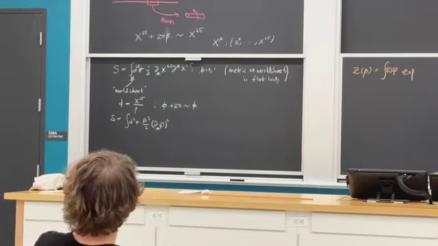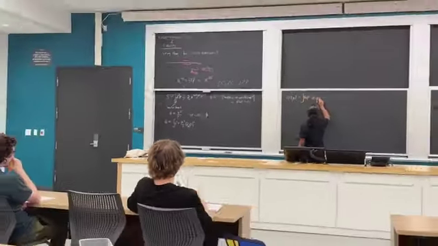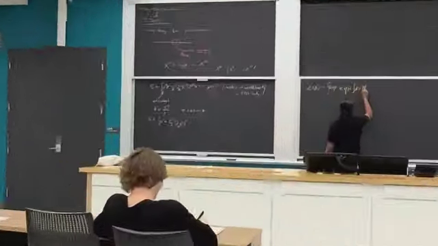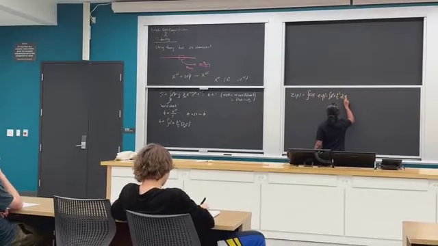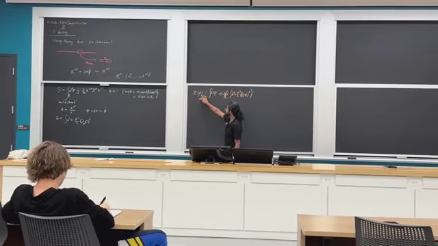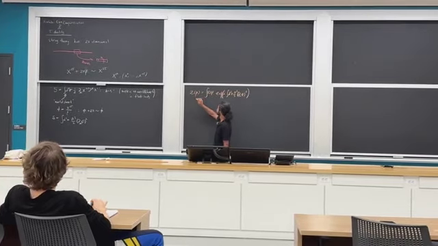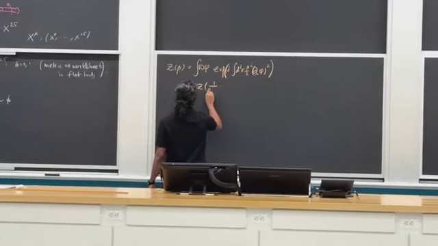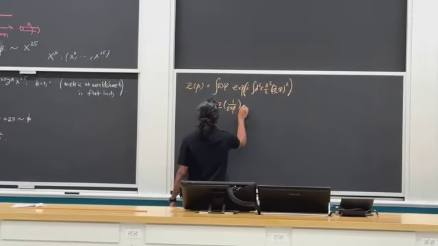So, it's okay. So Z of beta, with the action beta squared by 2 times phi squared, this partition function, which is a function of beta, is going to be equal to 1 by 2 pi beta.